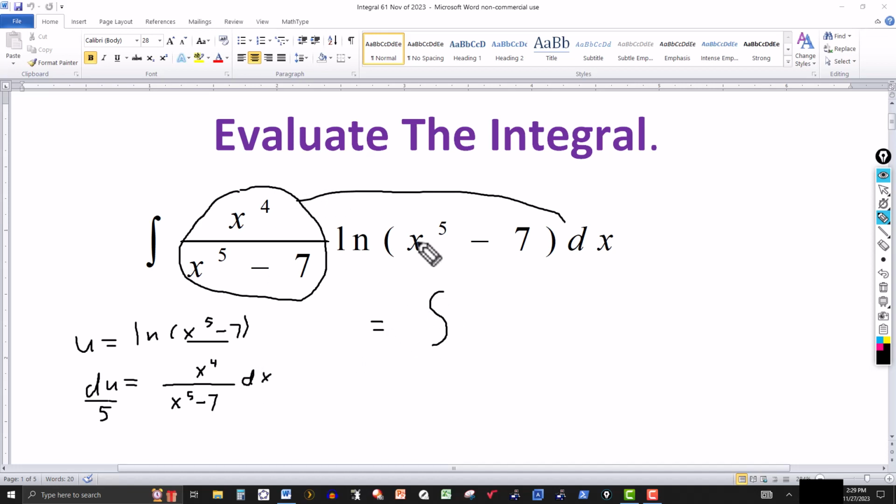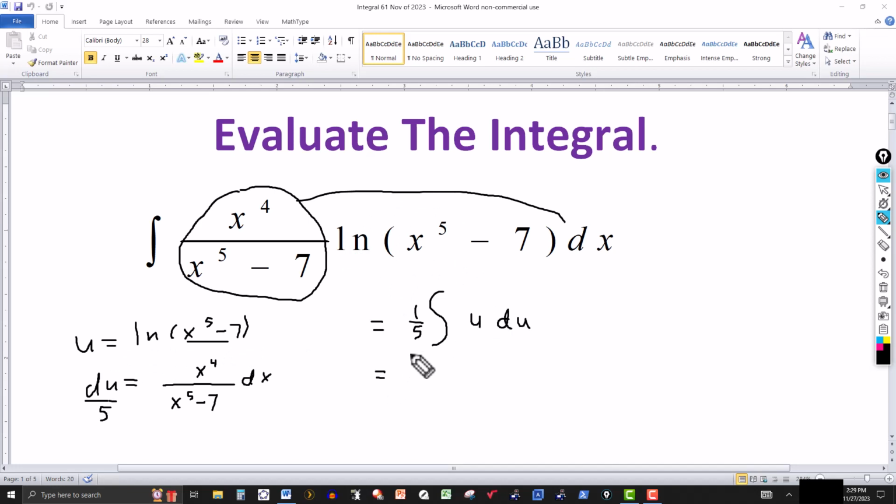Again, this product is replaced by du over 5. I'll put the 1/5 over here. And then this natural log, that's your u. So this will be u here. And then we have du.